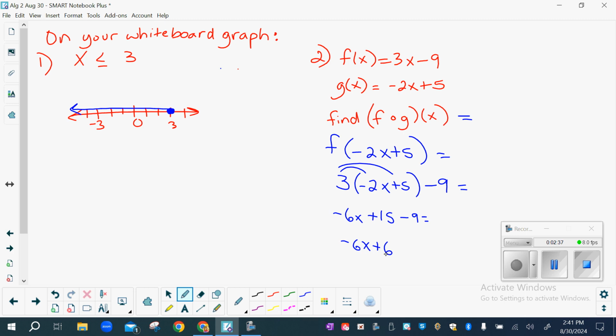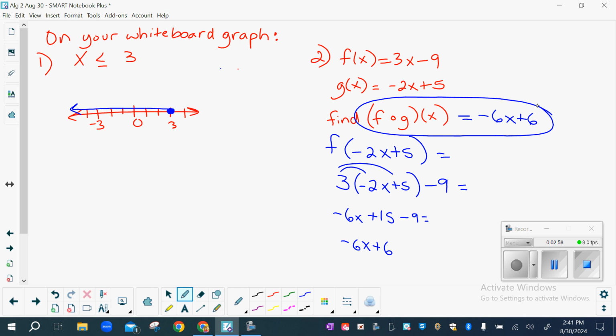And that is what f composed of g of x is. I know that it's a little harder because we're bringing the operation functions and the composition functions together. So that was the purpose, was to get you to see the difference.